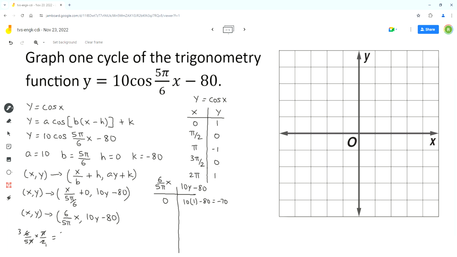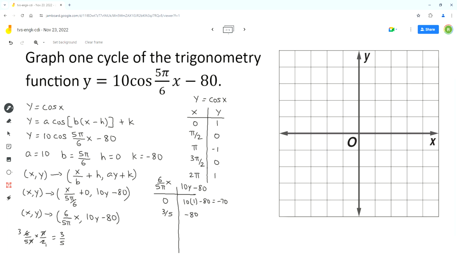So we get 3 over 5. Now we can sub in y as 0 because for the second point y is 0. So we'll sub in y as 0 in 10y minus 80. So 10 times 0 minus 80 is equal to negative 80. The second point is 3 over 5, negative 80.